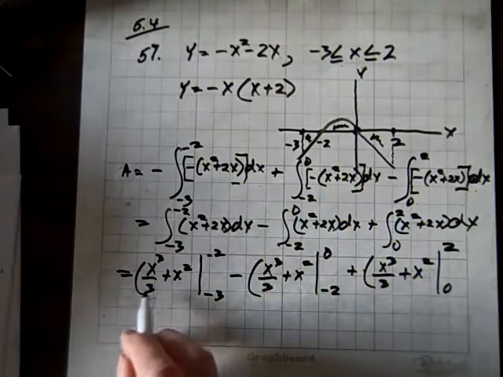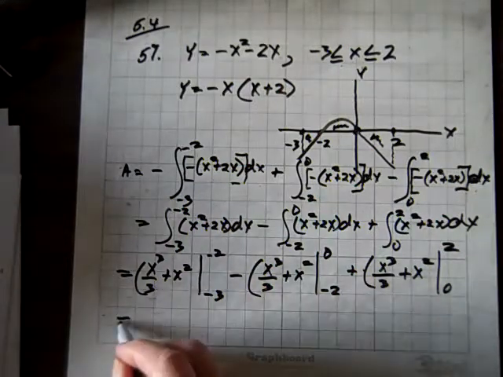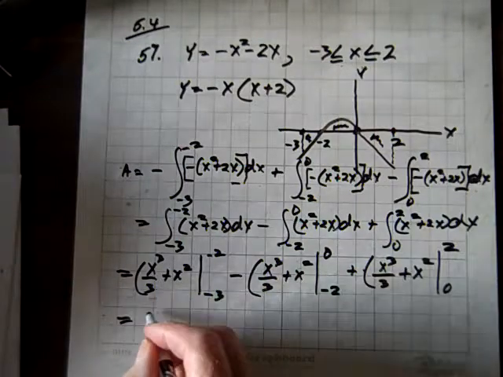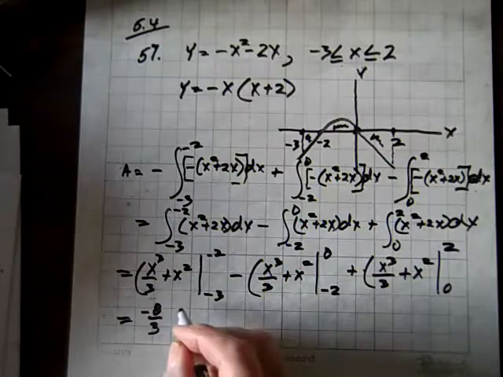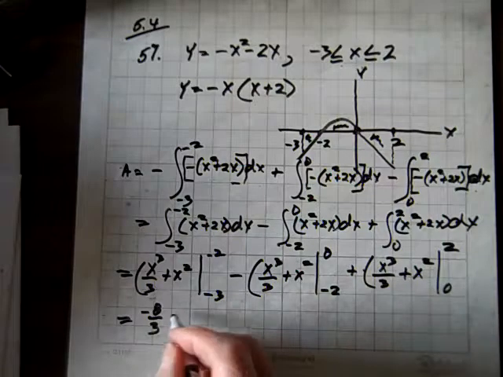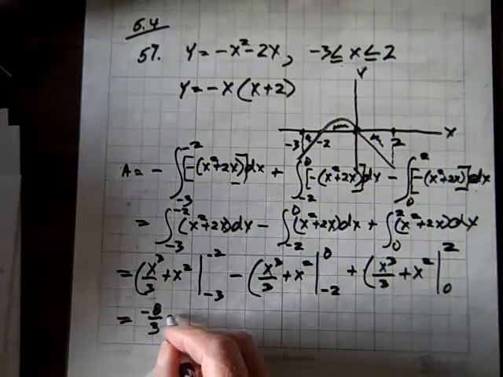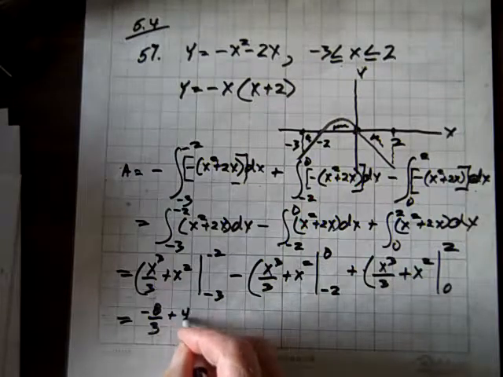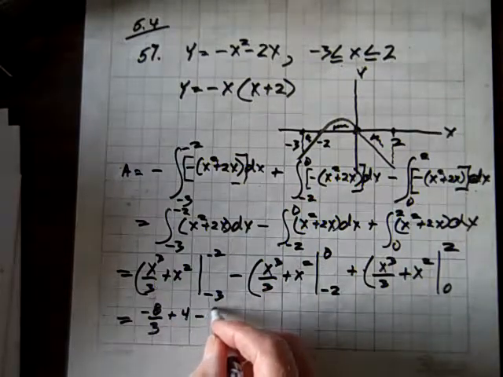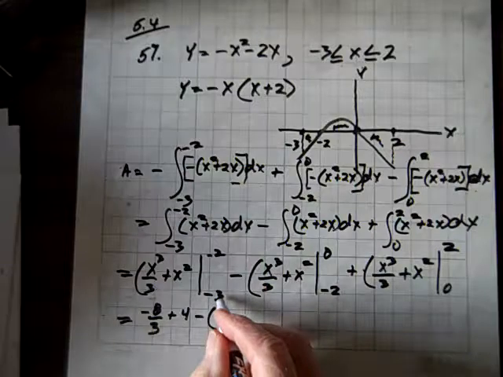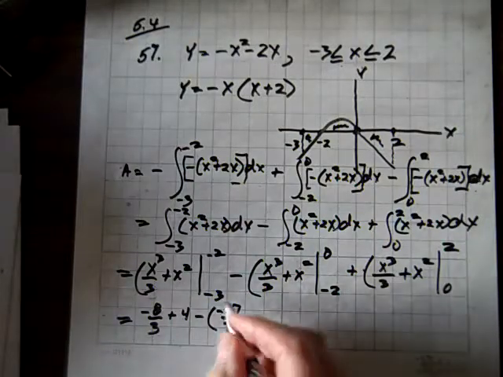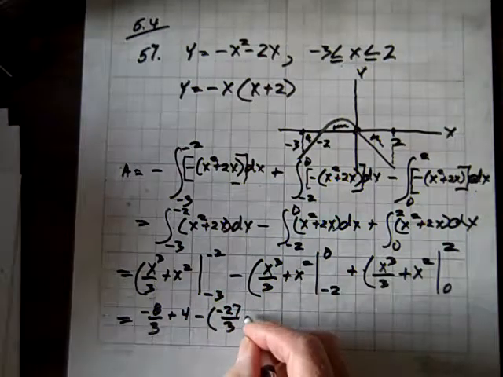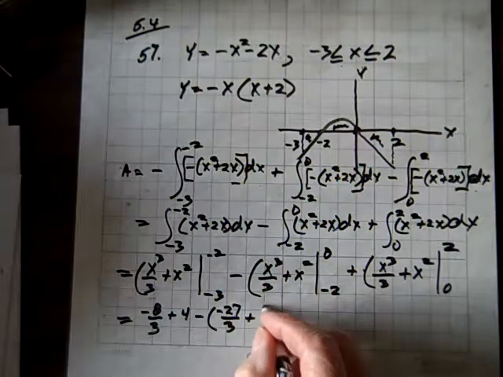When we evaluate this, negative 2 cubed is negative 8, so we get a negative 8 over 3. And plus negative 2 squared is plus 4. Minus, now, negative 3 cubed is negative 27 over 3, and negative 3 squared is plus 9.